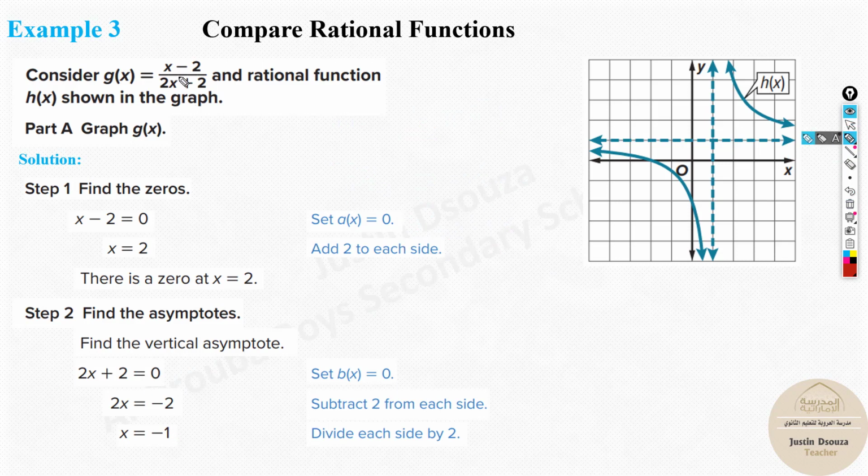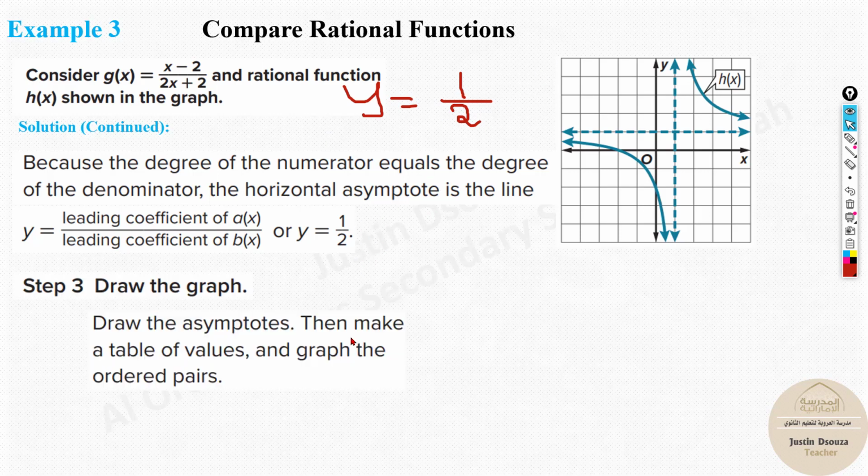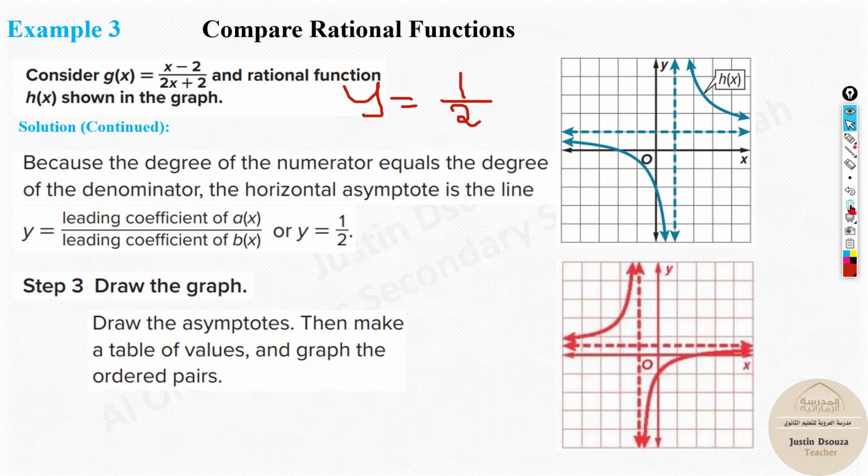What about the horizontal asymptote? Look at the degrees. It's 1 and 1, right? Degrees are the same, so write the coefficients. The coefficient over here is 1 divided by 2, so y equals half. So the vertical asymptote is minus 1, and the horizontal asymptote is half. If you know the horizontal and vertical asymptotes, then it's very easy to draw the graph.